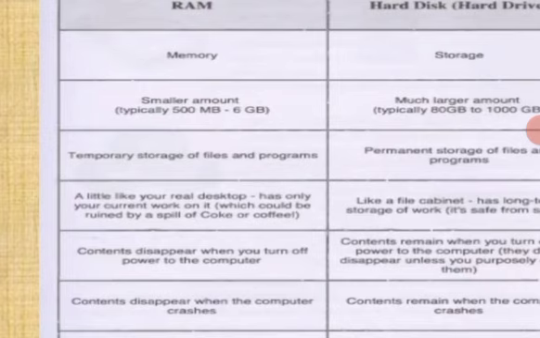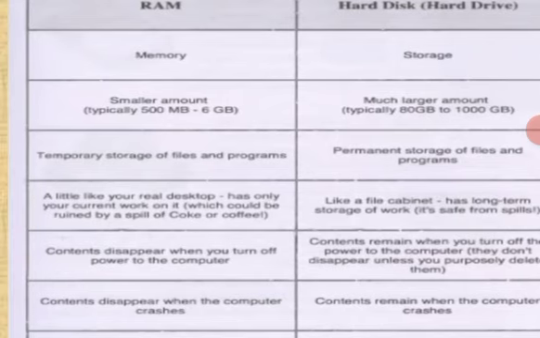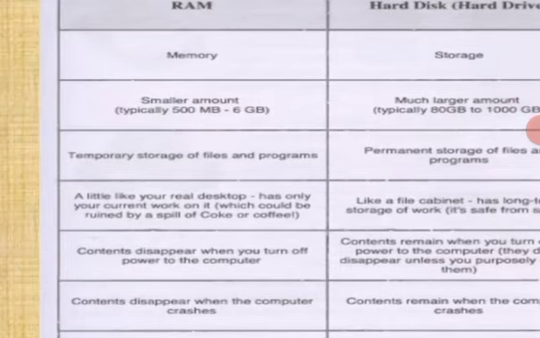RAM stores a smaller amount of data, as I've said earlier, while a hard disk stores a much larger amount of data, typically 80 gigabytes to 1000 gigabytes, even more than that nowadays.